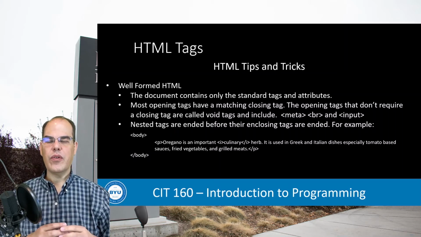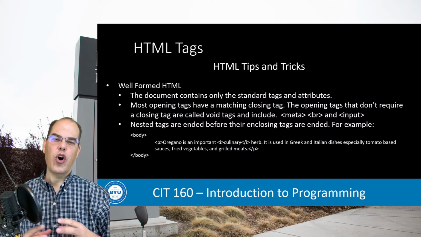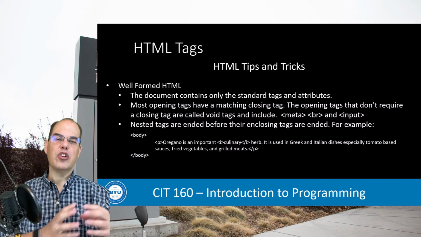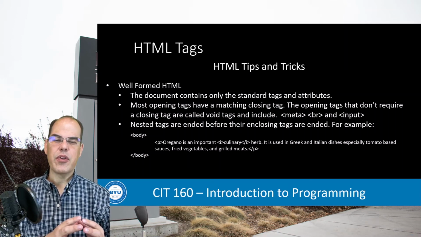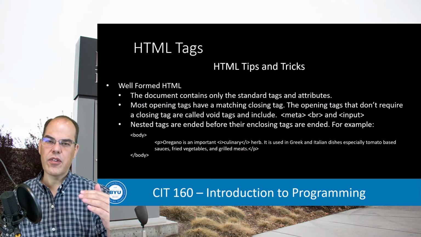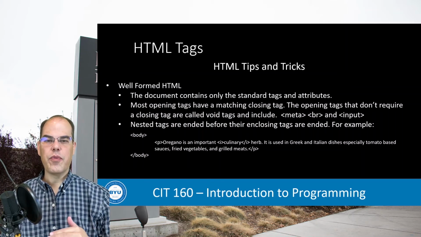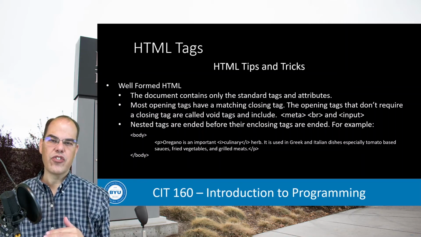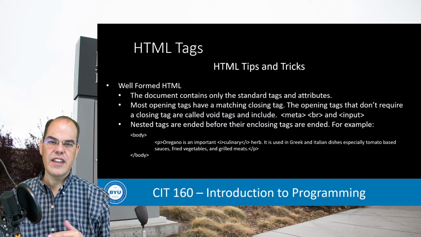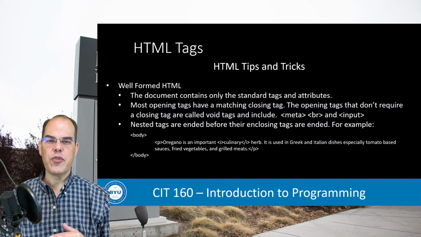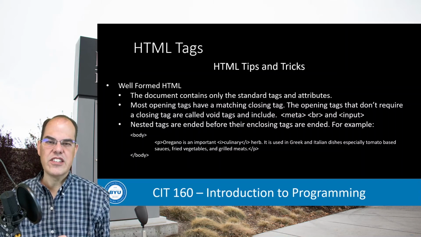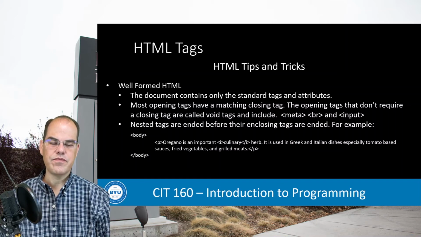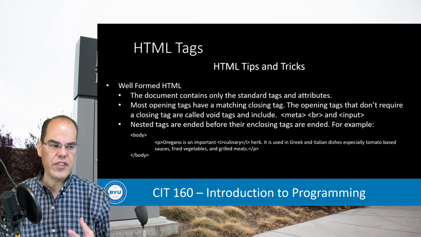Also, well-formed HTML has opening tags, and most of them also have a closing tag underneath it. All right. So for example, you have an HTML tag at the very beginning of your HTML document, and then it's closed by a closing version of that same HTML tag. And the difference between an opening tag and a closing tag is that you have the slash before the HTML word in the tag.